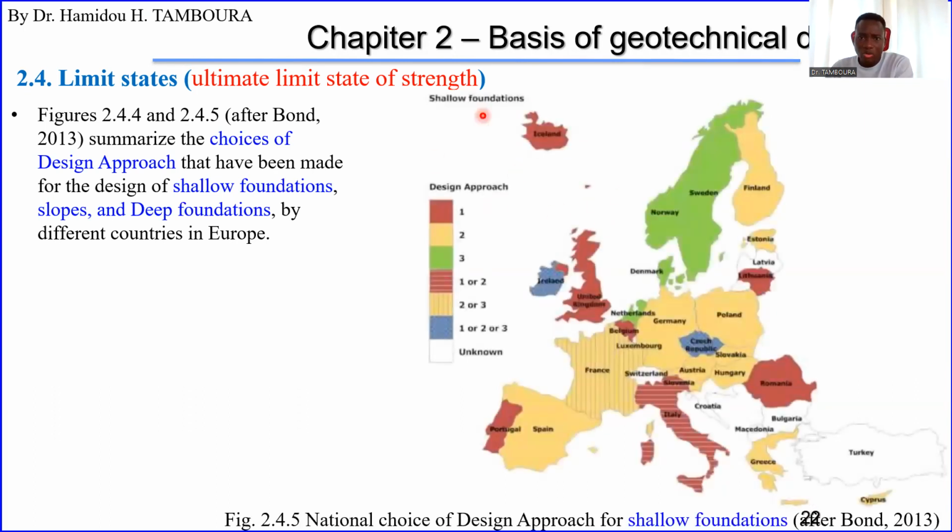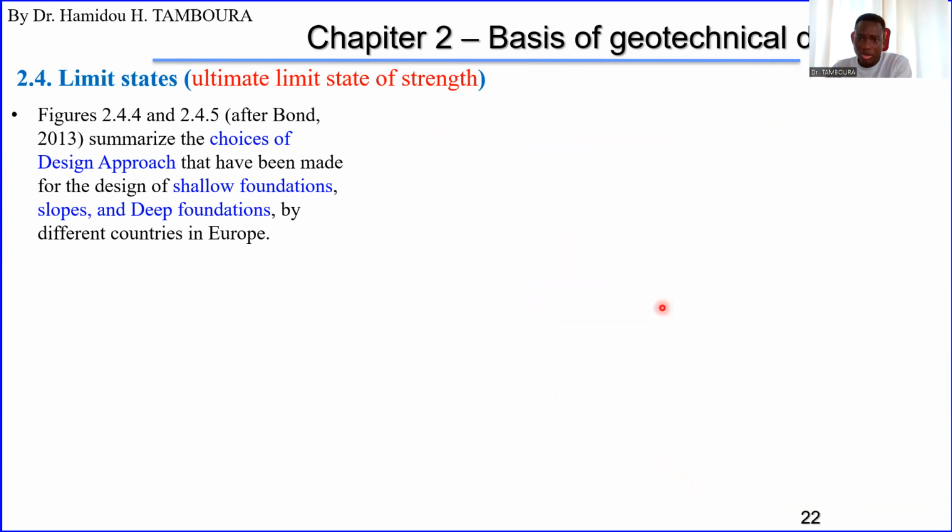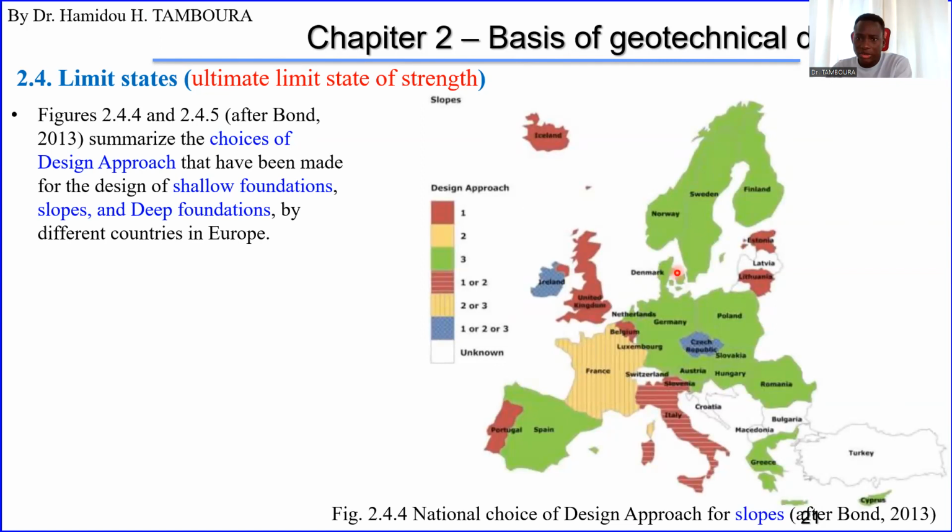This one is for shallow foundation. You can see that it's different. The color is changing. The color code is showing which country is using which design approach from within the three design approaches. If we go from slope, let me go back here, to the shallow foundation, you can see how the color is changing.